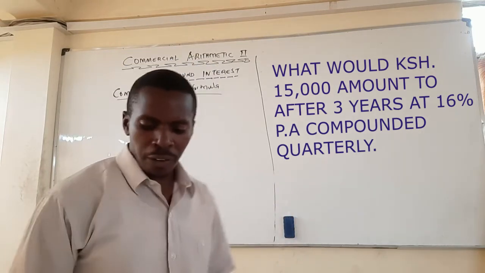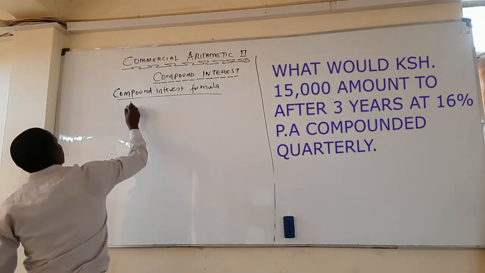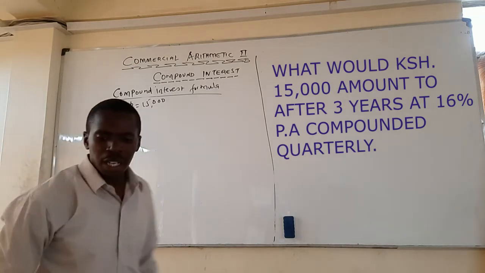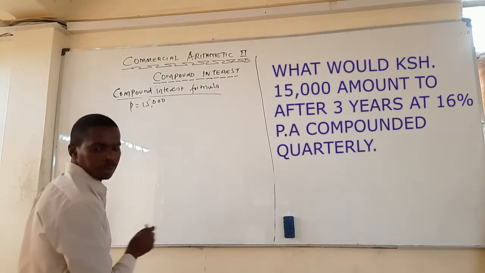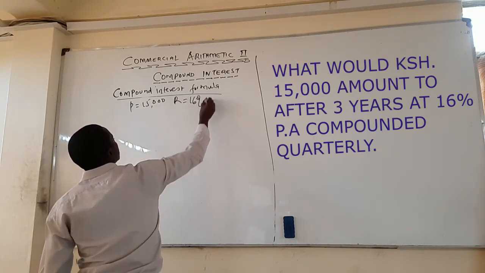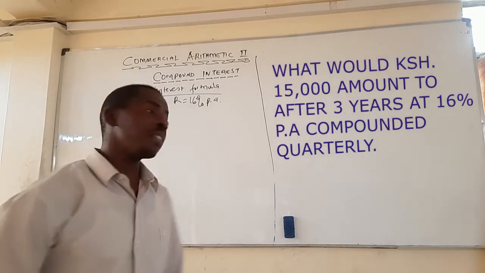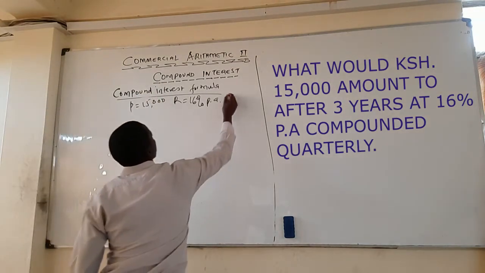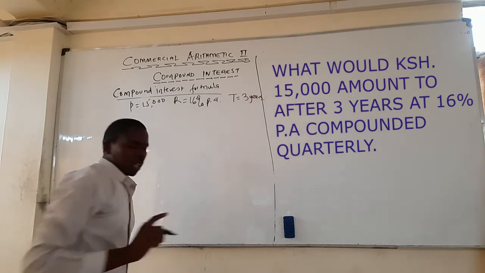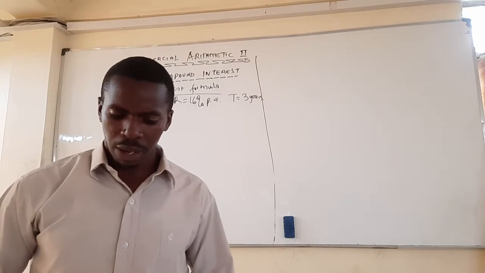So we have the initial amount here is 15,000, and then the rate per annum is 16% per annum, and the time is 3 years.